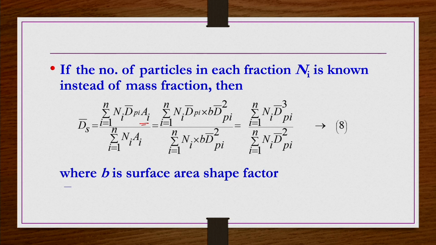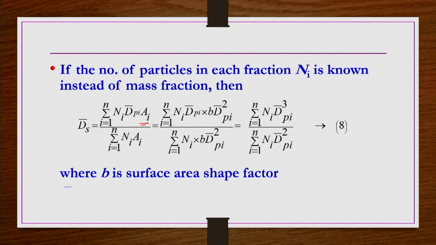That is the multiplication factor of dp. For non-uniform mixtures you cannot have one single value, but we assume that the constant b is the same for all the particles within that mixture.